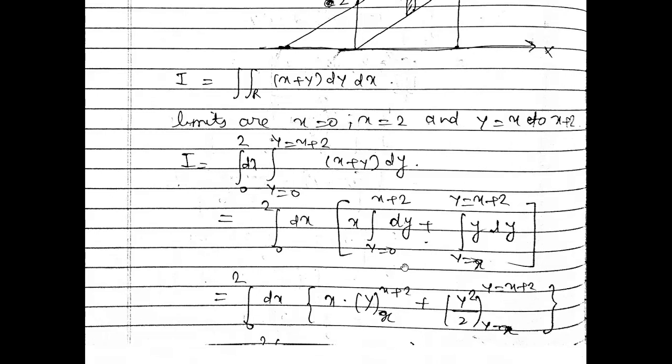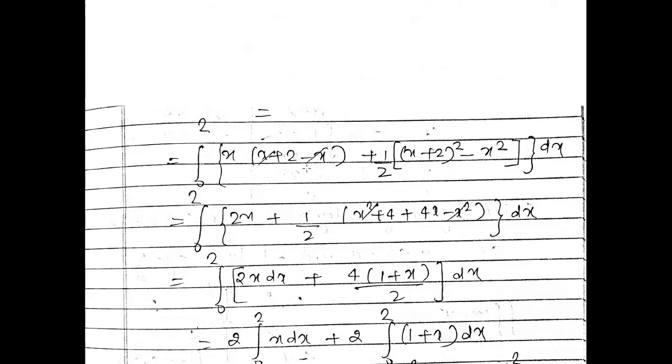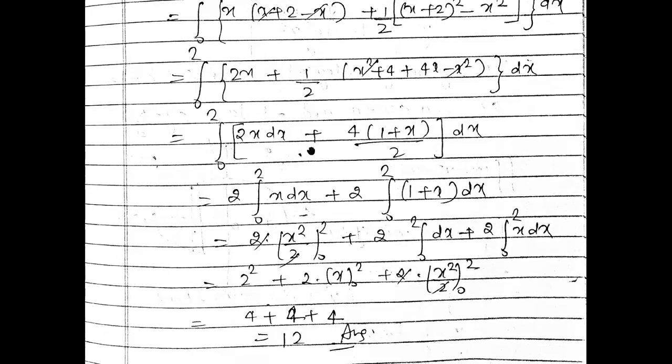Now upper limit minus lower limit, so upper limit is x plus 2 and lower limit is x, so x plus 2 minus x, and 1 by 2 x plus 2 whole square minus x square into dx here, right? Now a plus b whole square just open here, so x square will be cancelled out and we are getting 2x dx plus 4 upon 2, 1 plus x dx.